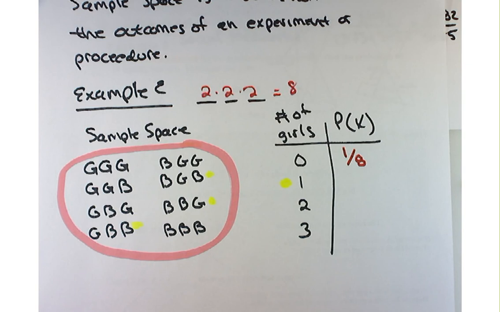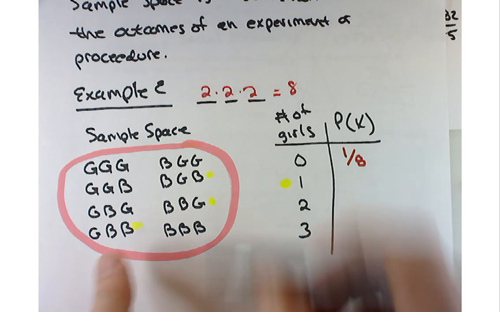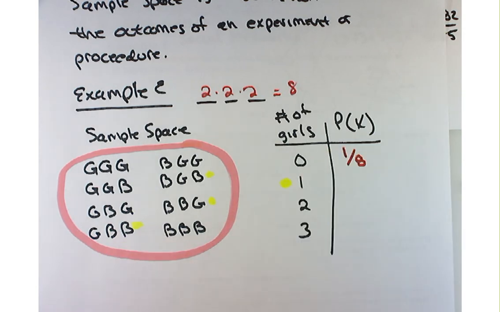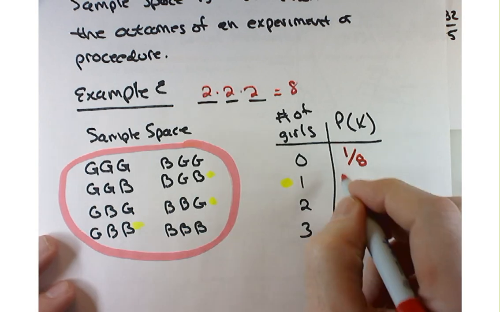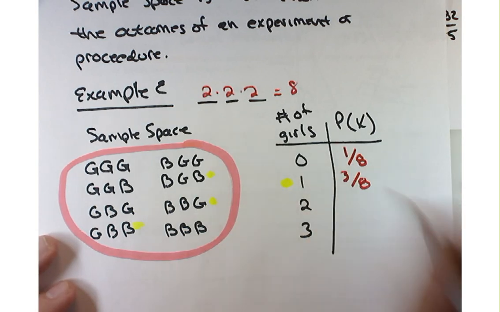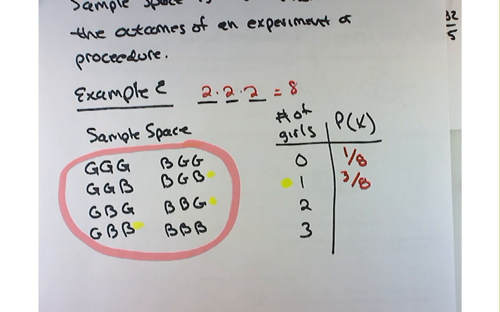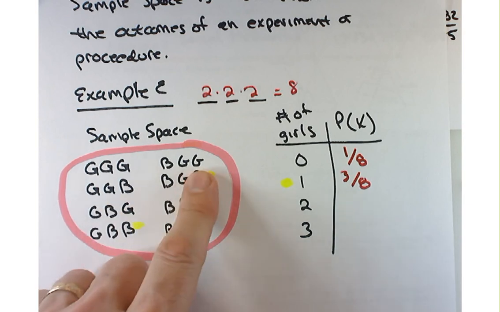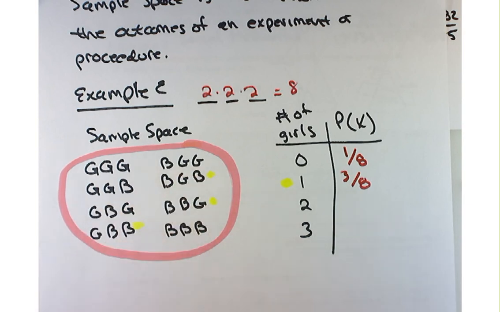Because if you're looking for exactly 1 girl, then it'd be any of the yellow dots here. Just the order. Just the order.